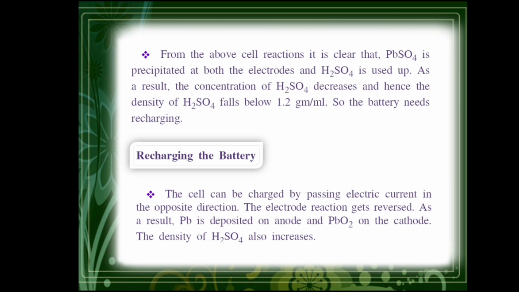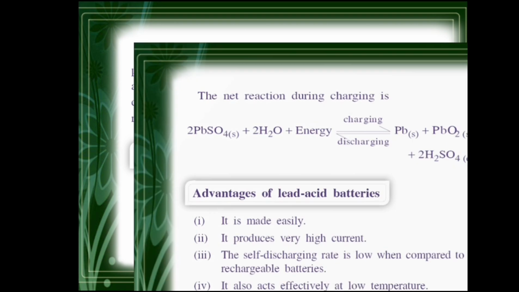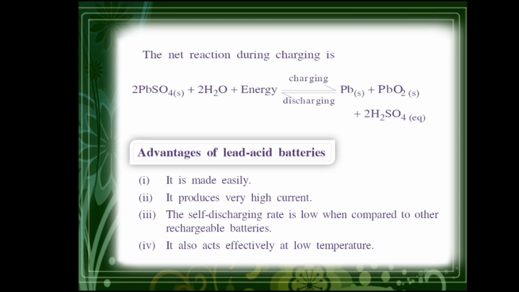The density of sulfuric acid also increases. Here is the chemical reaction: 2PbSO4 plus 2H2O plus electrical energy gives Pb anode, PbO2 cathode plus 2H2SO4 electrolyte. We are getting the chemicals back for further reaction.